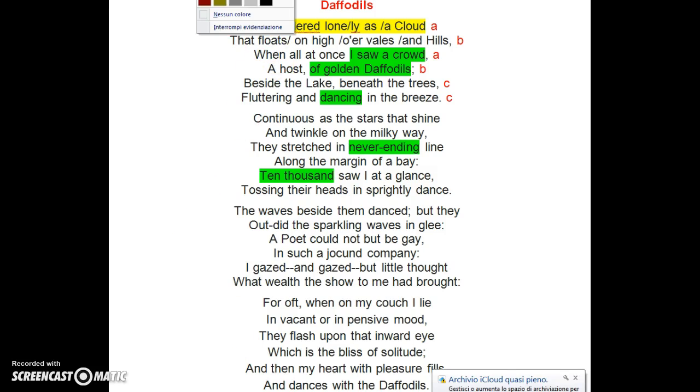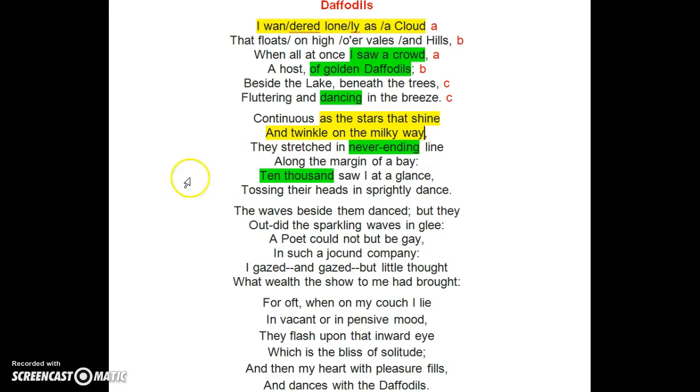And there is another simile because Wordsworth compares the number of daffodils with the stars that shine and twinkle on the Milky Way. This is another simile.